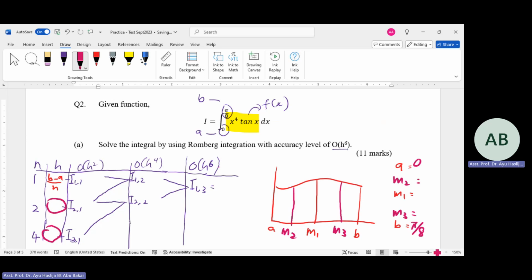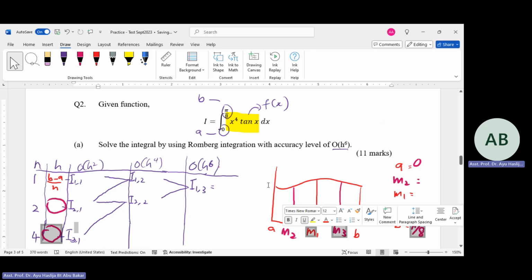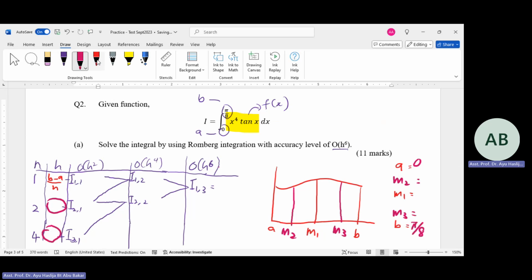Now I want you to find out what your M values are, then from there find out your FM. What is your F? The function value. The function value will be FA according to your data point.